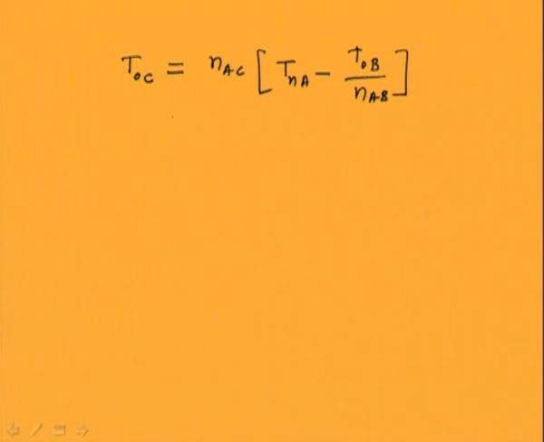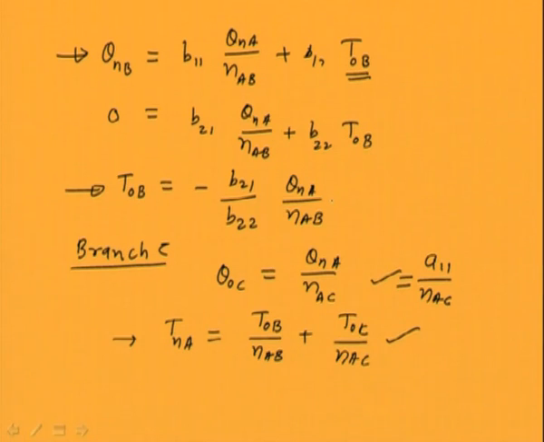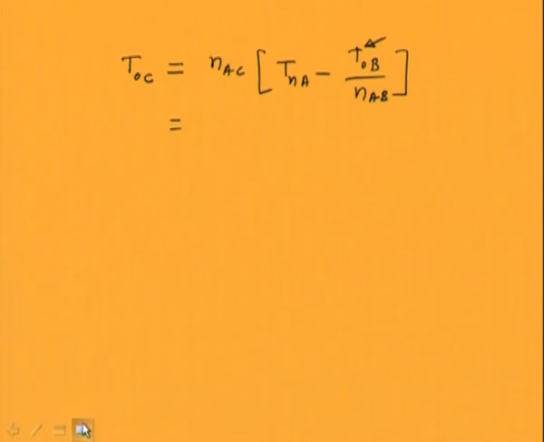Here we have the expression for T naught B from earlier. Let us go back to that previous slide. T naught B is this one. This can be written as B21 theta NA, which is nothing but A11 divided by B22 and AB. So this expression we put here, and if we substitute that, we will find this particular form of the equation.